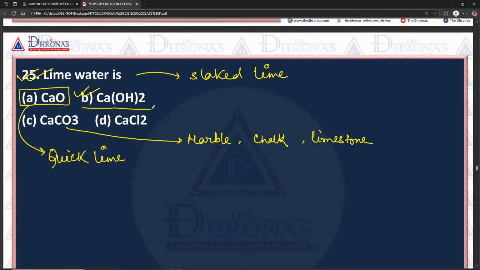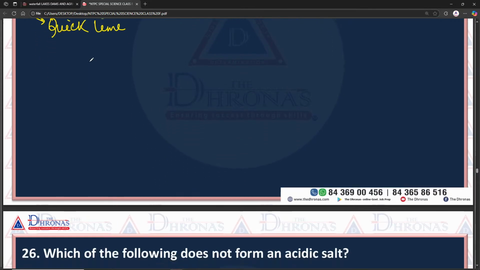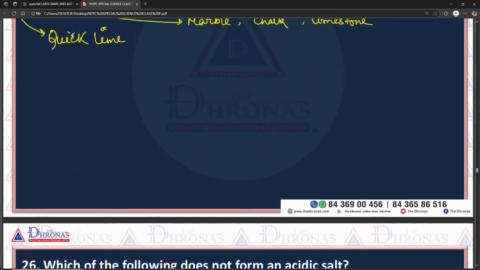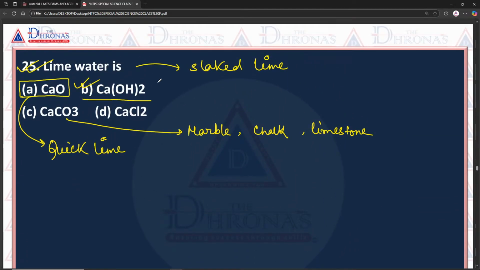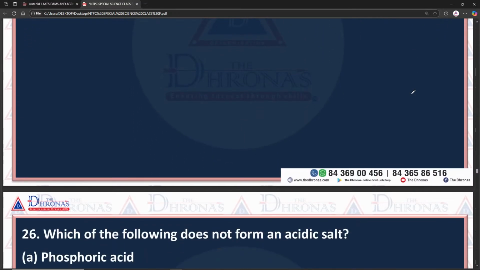Calcium hydroxide is known as flaked lime or lime water. Another piece of information: lime water is used to identify CO2 gas, carbon dioxide. This is known as the lime water test.